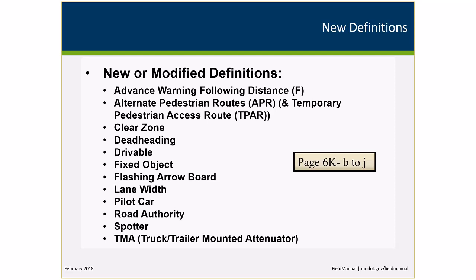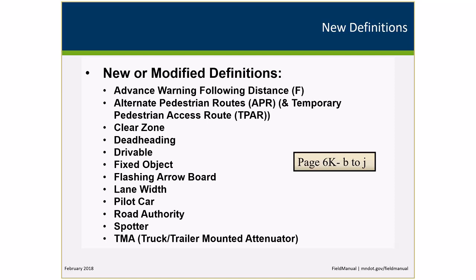We wanted to make it clear that a spotter is not the same thing as a flagger. A flagger is out there to provide traffic control. A spotter is out there to provide warning to people in case something bad happens or in case there is a vehicle that's out of control. The spotter's there to provide warning to the workers. And so we added that definition in the field manual, as well as some guidance later on.